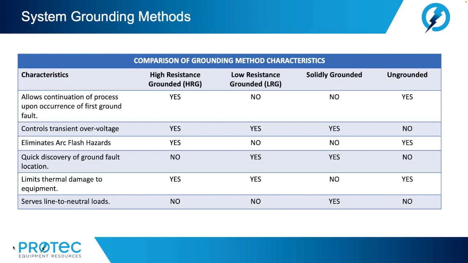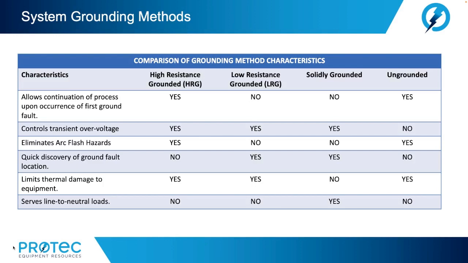And further system grounding method comparisons. Let's look at all four. Under characteristics, allows continuation of process upon occurrence of the first ground fault: yes for an HRG, no for an LRG, no for solidly grounded, and yes for an ungrounded.